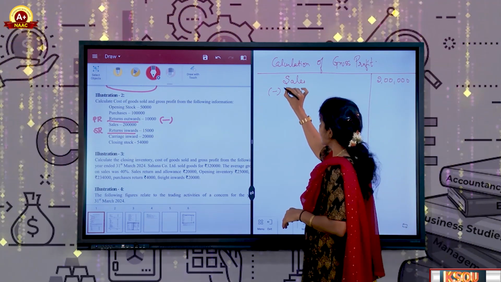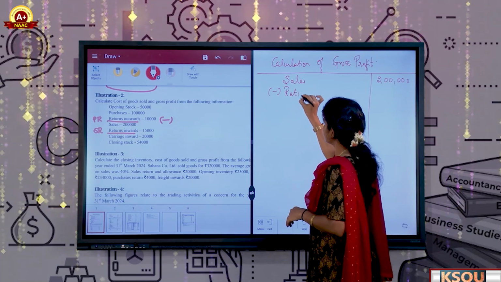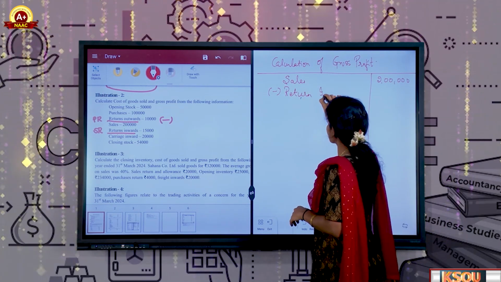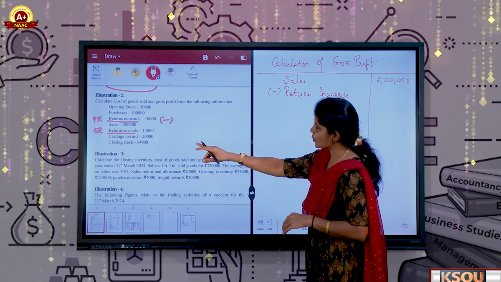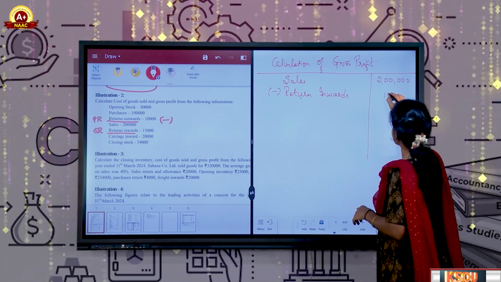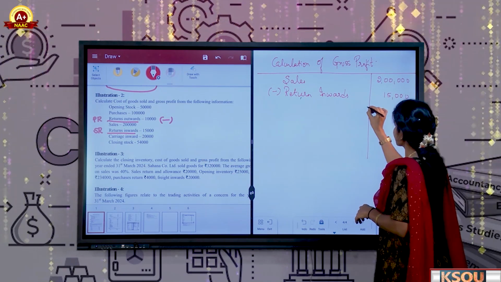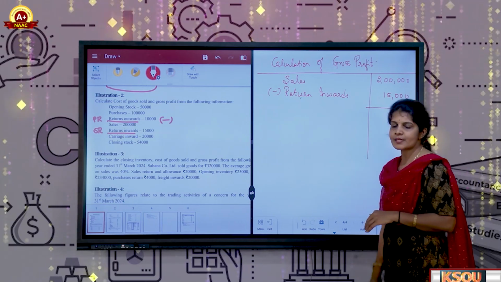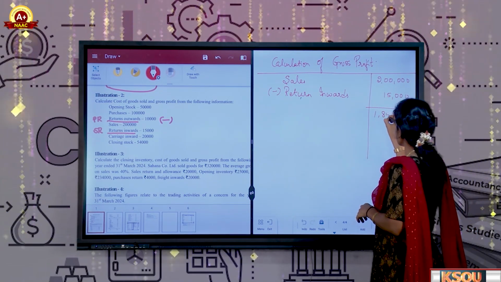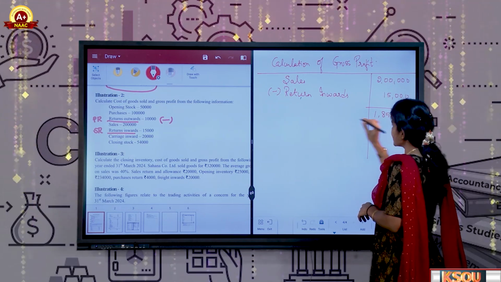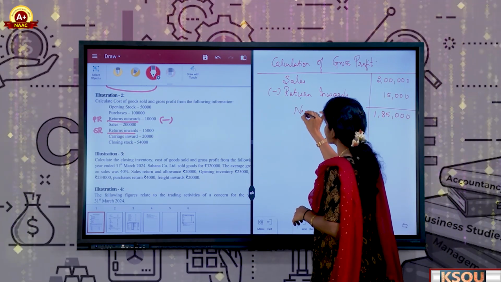So now deduct return inwards. Return inwards is 15,000. The balance after deducting this 15,000 from 2 lakh is 1,85,000. This is called net sales.